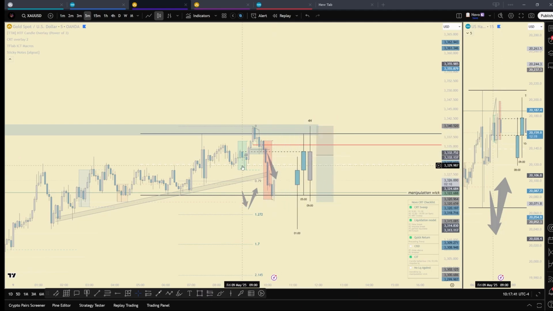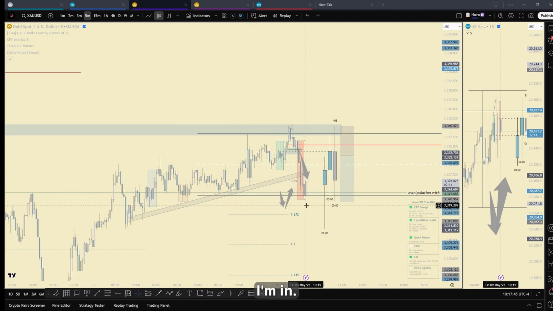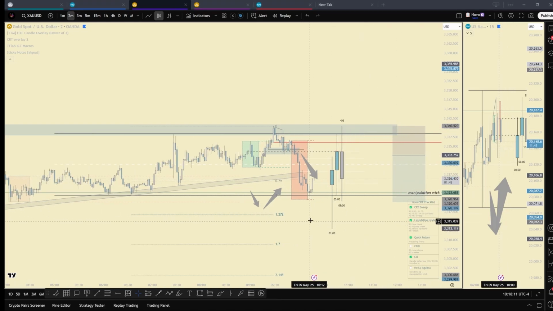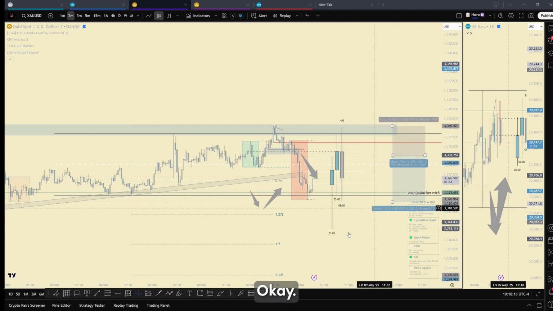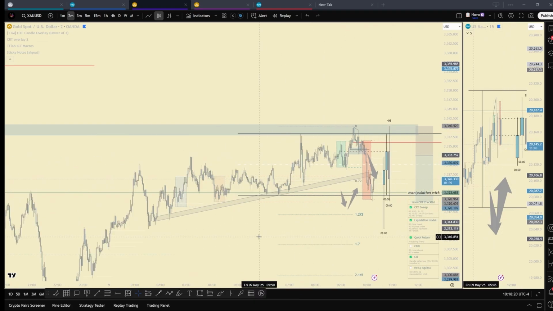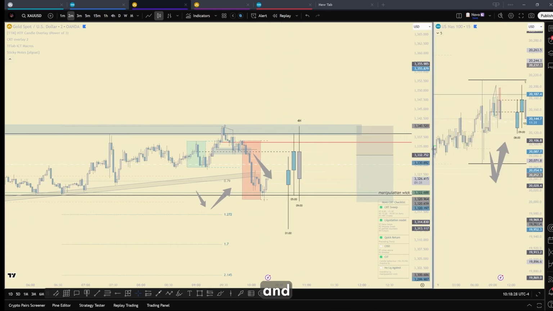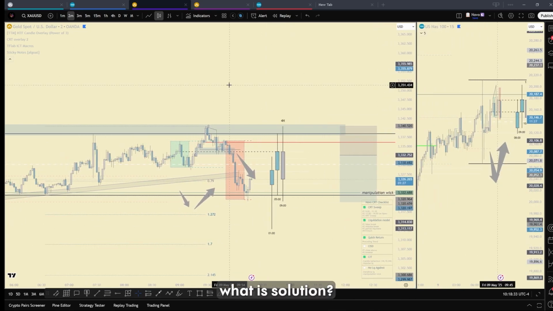Gold. What time is that? 10:15. All right. Okay. That's pretty good. 10:15 sweep. Okay. Just go super previous macro. And what is silver showing us?